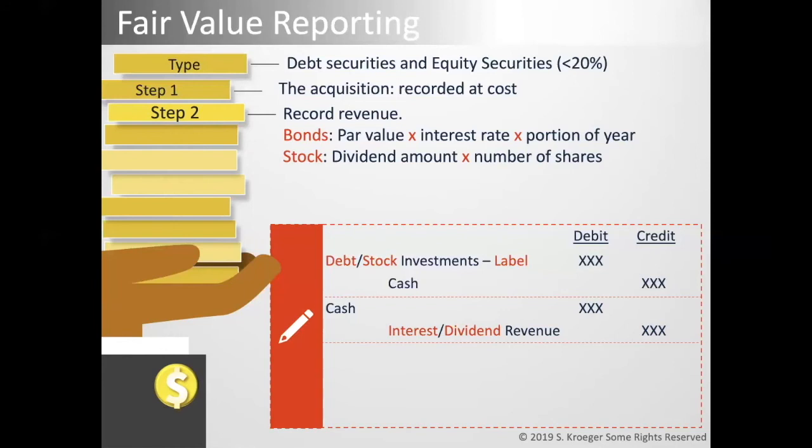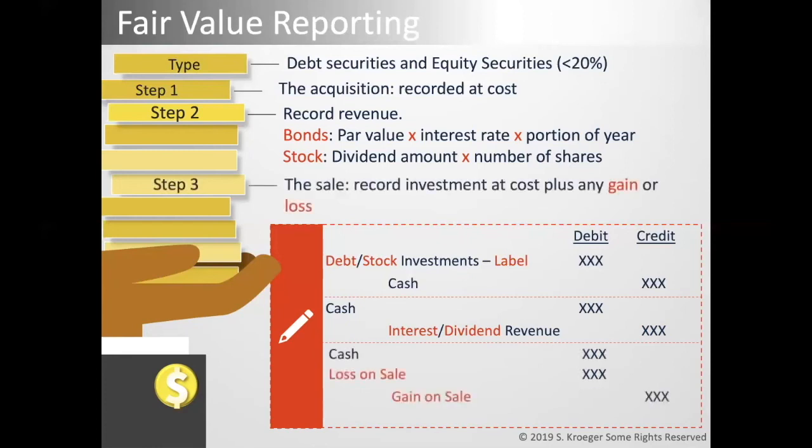For stock investments, you would calculate the dividend revenue by multiplying the dividend per share rate by the number of shares you own. For example, if the company was paying out $2 per share and you owned 100 shares, you would receive $200.